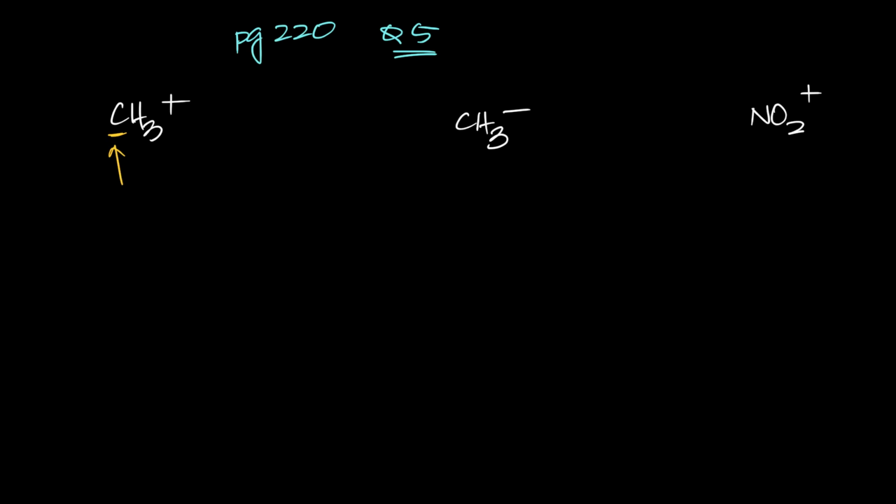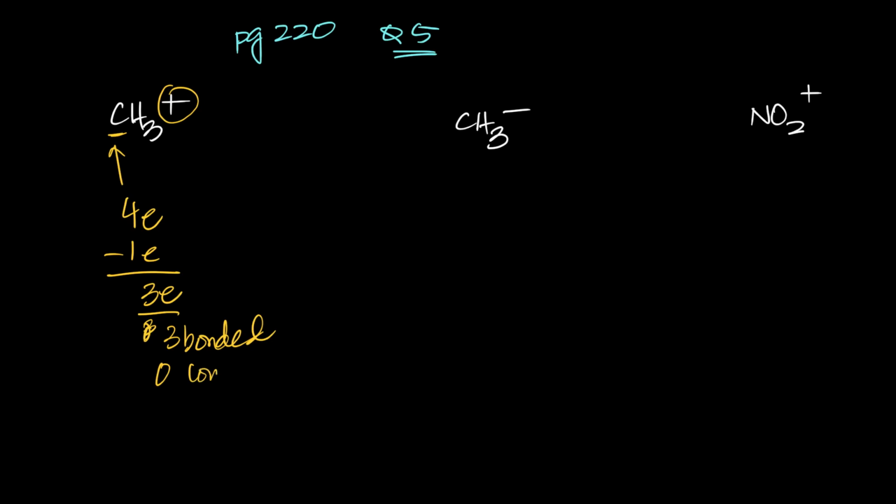Carbon has 4 electrons, but plus means it has lost 1 electron. So how many are left? And how many hydrogens are there? So 3 electrons and 3 are bonded, right? So how many lone pairs? 3 bonds and 0 lone pairs means what shape? Trigonal planar. So it's CH3 like this.